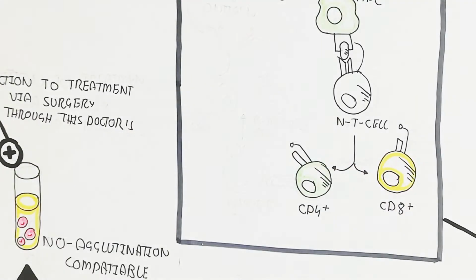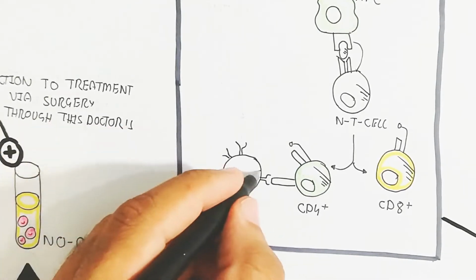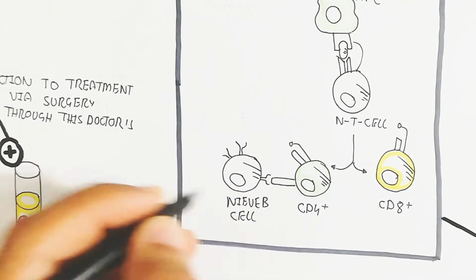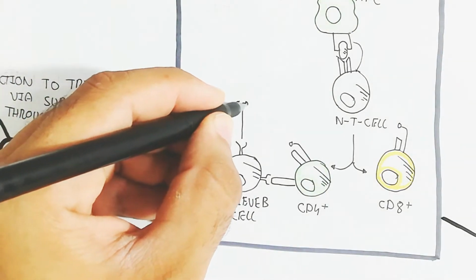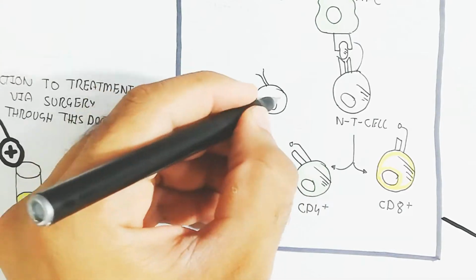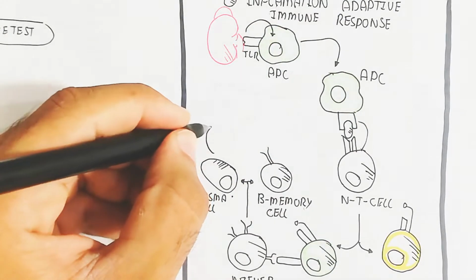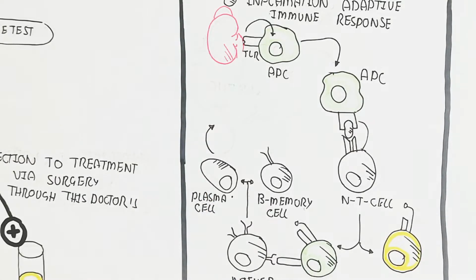The CD8 is cytotoxic and will kill the antigen, the kidney, while the CD4 helps to recognize the antigen for activation of the naive B cell after taking the antigen from the antigen presenting cell.